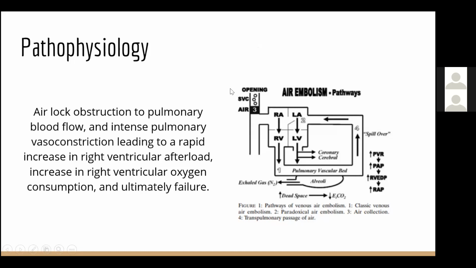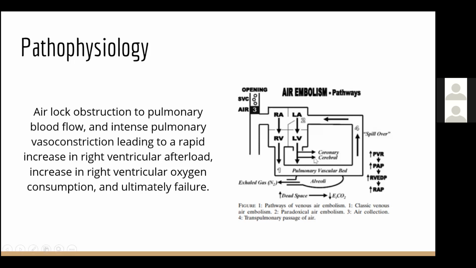So what's the pathophysiology? Air enters through the SVC or IVC into the right atrium, then from the right atrium to the right ventricle. If it is a bolus of 200 to 300, it straight away blocks the right ventricle. If it's in increments, then it goes into the pulmonary vessels, where it leads to an increase in pulmonary arterial pressure, then right ventricular afterload, or right ventricular failure.